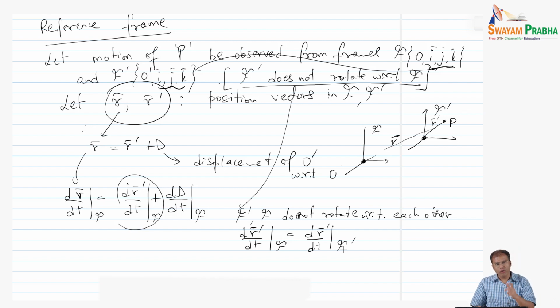Since the frames are not rotating, the rate of change of the position vector with respect to the fixed frame is the same as the rate of change of the position vector with respect to the moving frame, right?